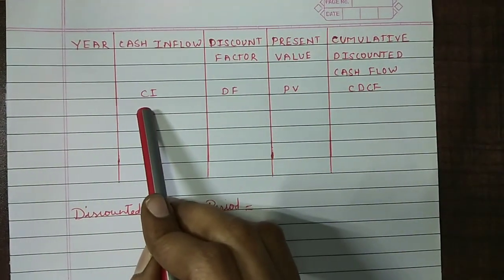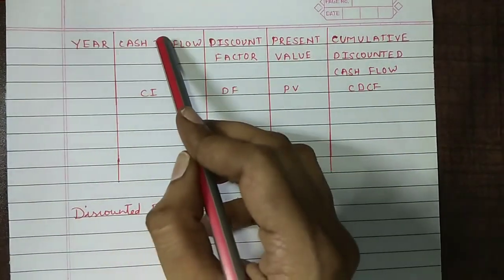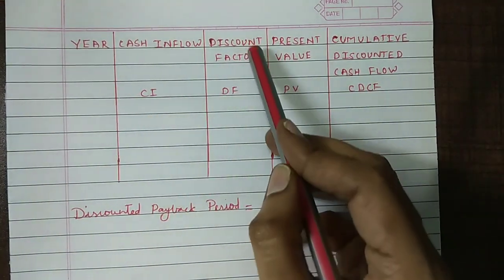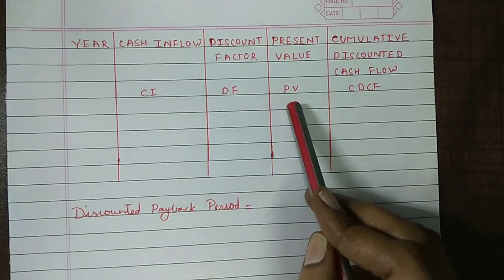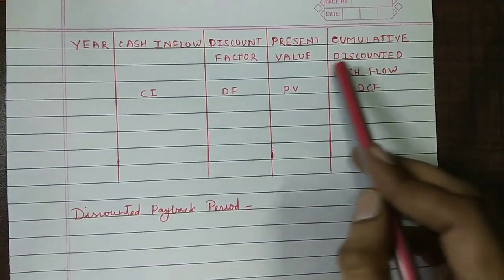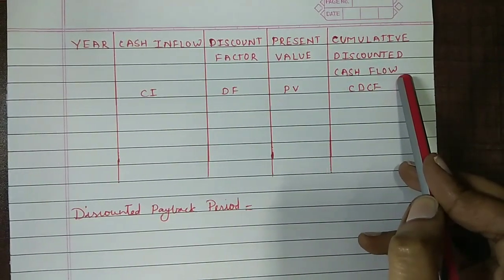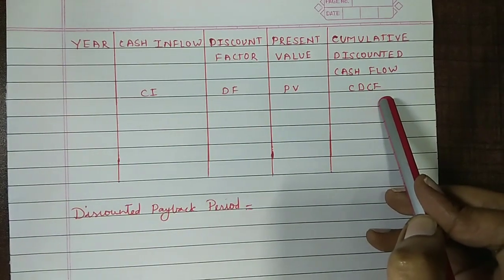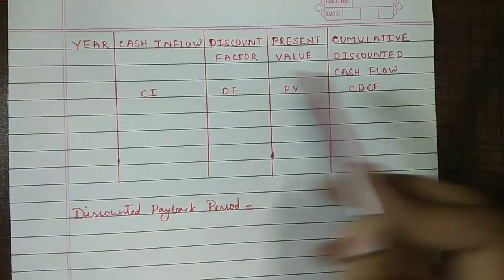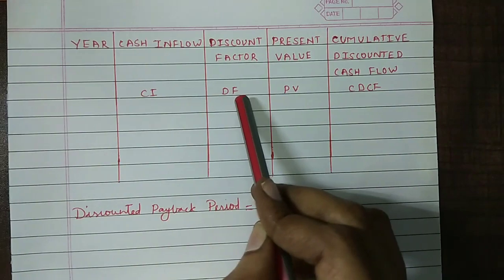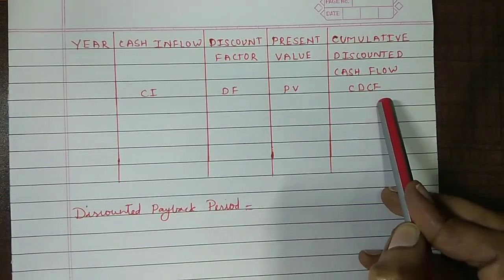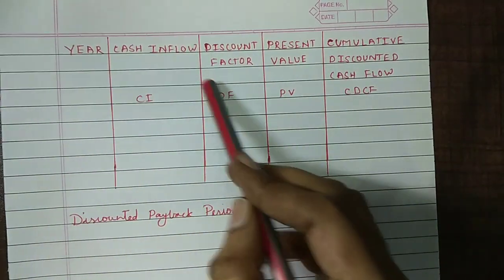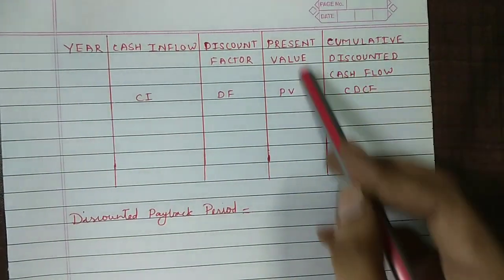Here I have written short forms: CI for cash inflow, DF for discount factor, PV for present value, and CDCF for cumulative discounted cash flow. In an exam, you can directly write year, CI, DF, PV, CDCF. That's fine. Here, just for your understanding, I have written the full forms.